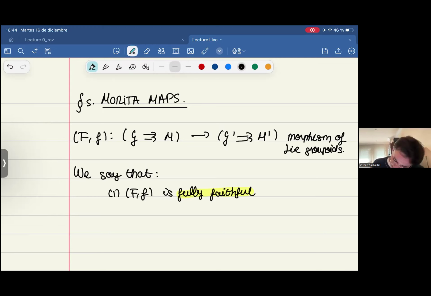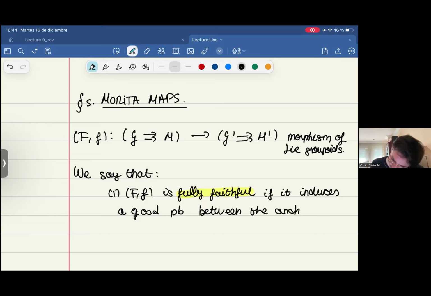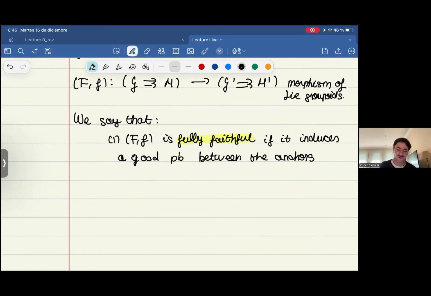It's fully faithful if it induces a good pullback between the anchors. As you imagine, if anchors appear, if our Lie groupoid is transitive and so on, it is a very nice construction.